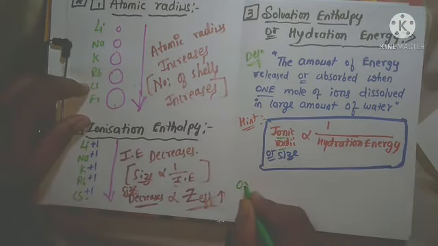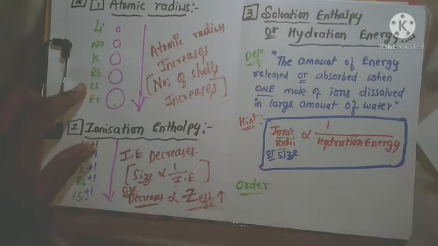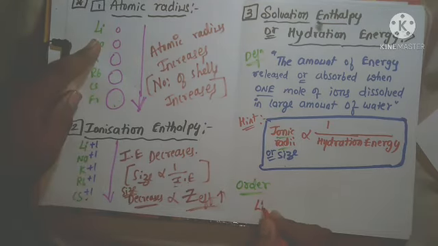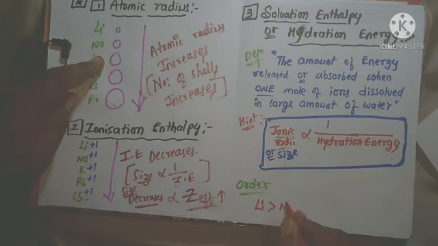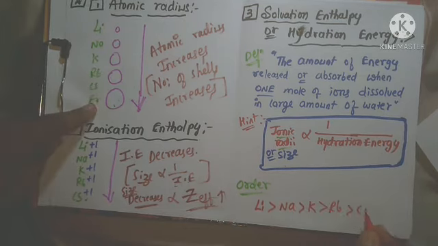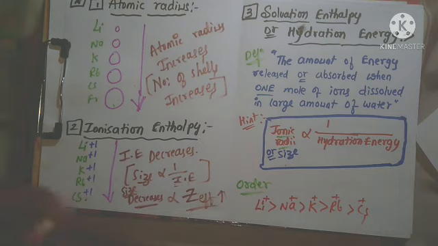What is the order of hydration enthalpy? Lithium, smaller size, has more hydration enthalpy than sodium, than potassium, than rubidium, than cesium. It is for ions, therefore I am writing +1 for each.